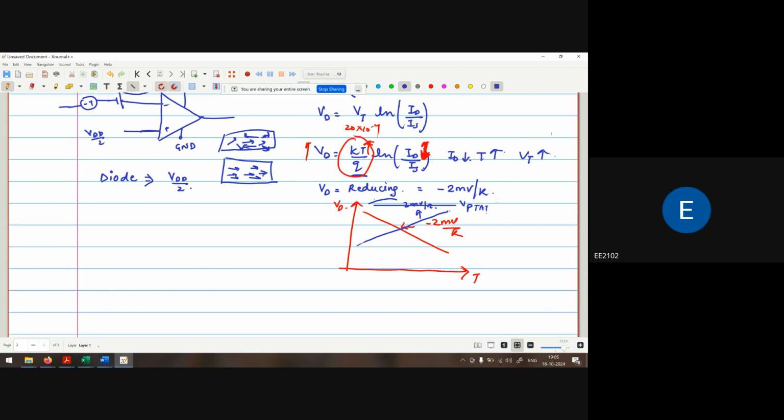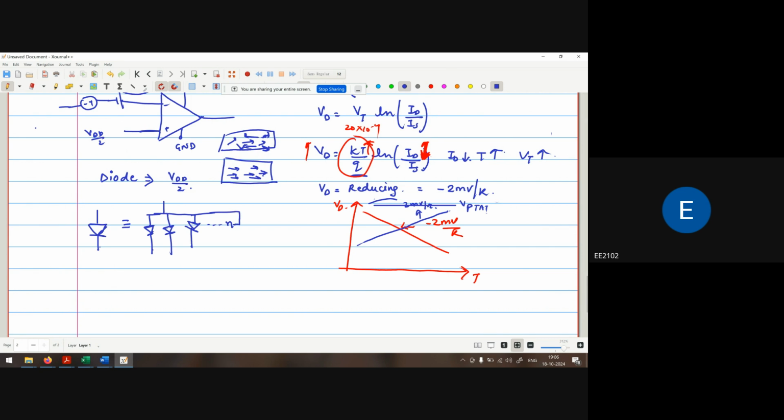In the bandgap principle concept, what it says is that if I use one diode, in place of this one I will use a diode, this one, and this one, and so on.